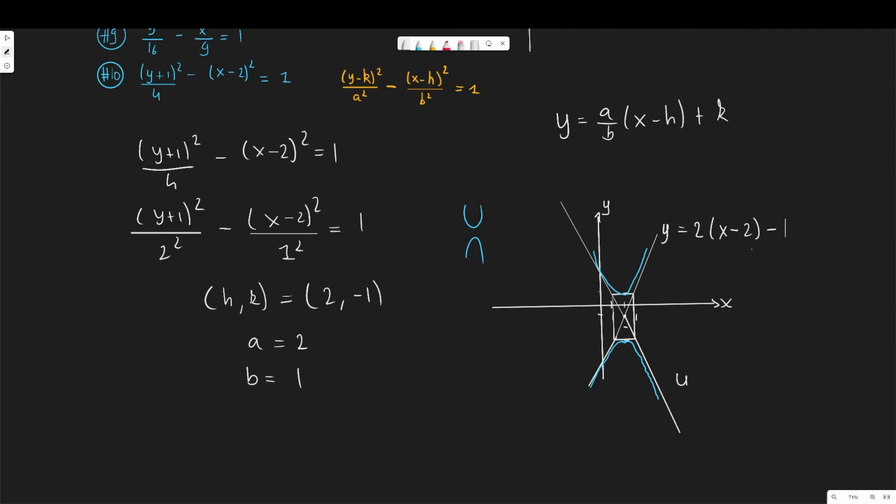And for our downward asymptote, we'll just have to put a negative sign in front of our equation, and we'll get that y is equal to -2 times x minus 2 minus 1. And this will be the equation for the asymptote going downwards. And this will be the full answer of our last exercise.